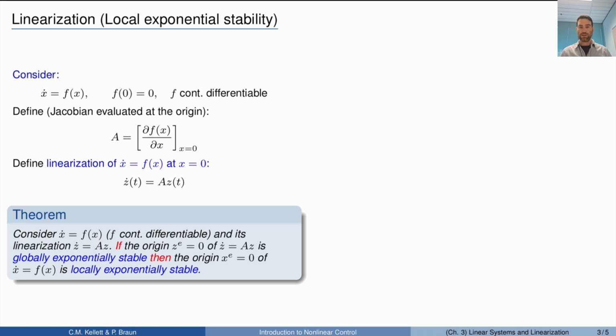Here we can draw a local conclusion that exponential stability is preserved if we linearize our system. Or vice versa, we can use the linear system to verify if our nonlinear system is exponentially stable. The origin is exponentially stable.